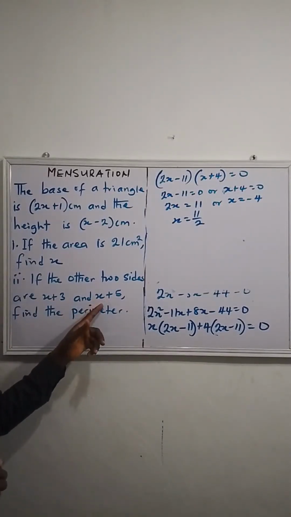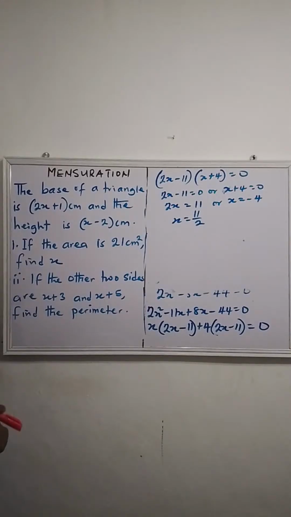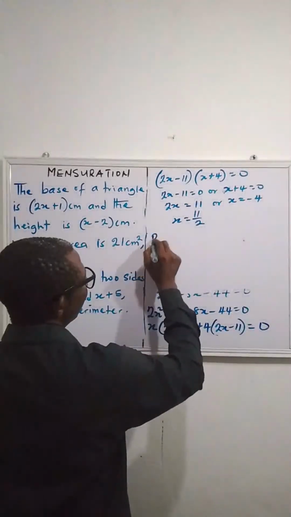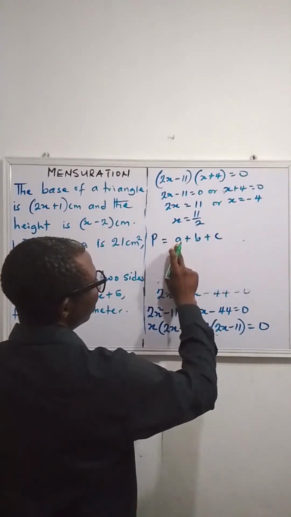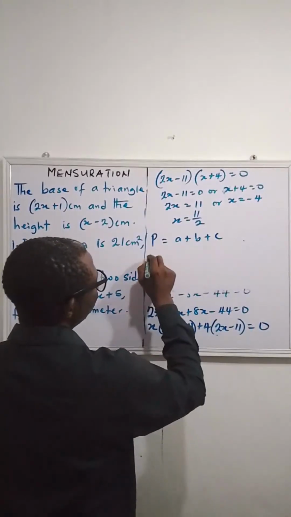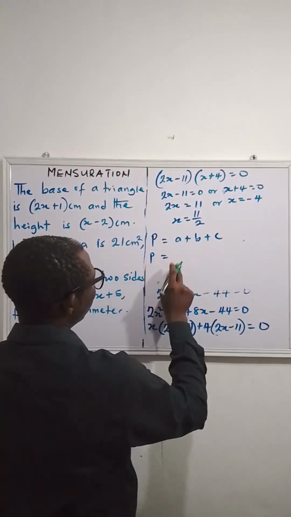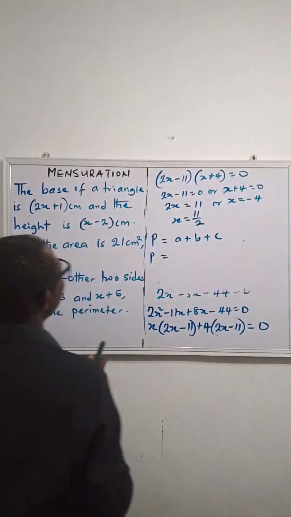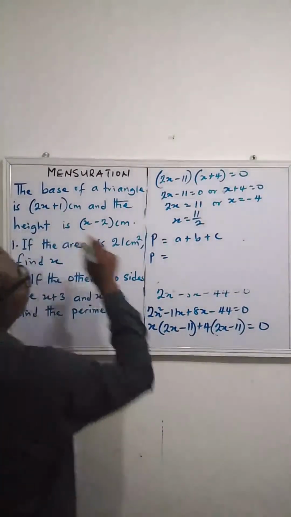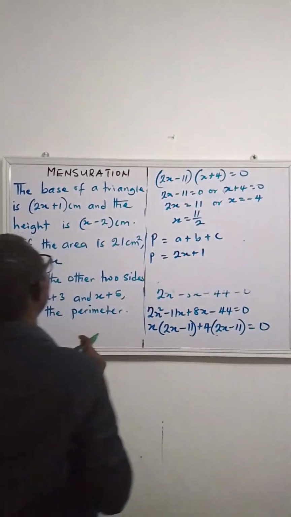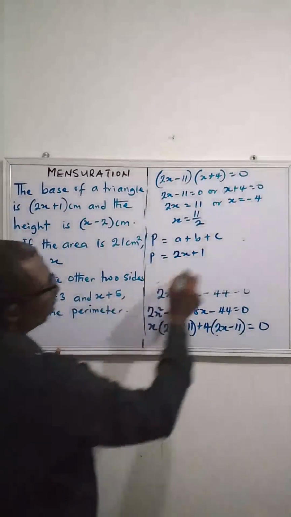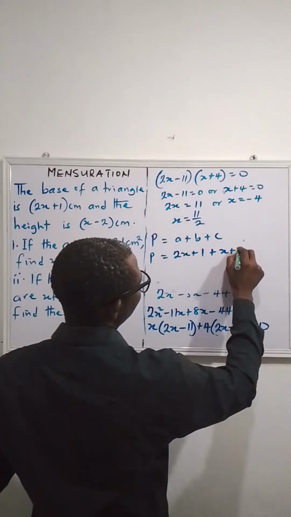To find the perimeter, we have to add the three sides together. So we write perimeter equals A plus B plus C. What is A? The first side, that is 2x plus 1. What is the second side? Plus x plus 3.